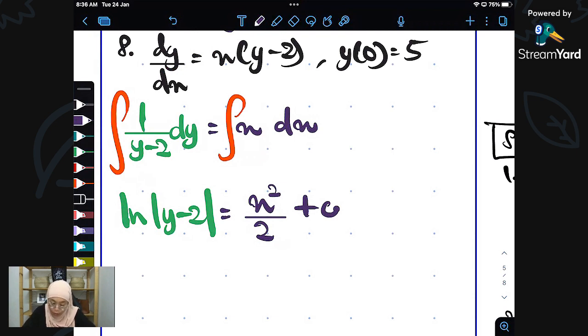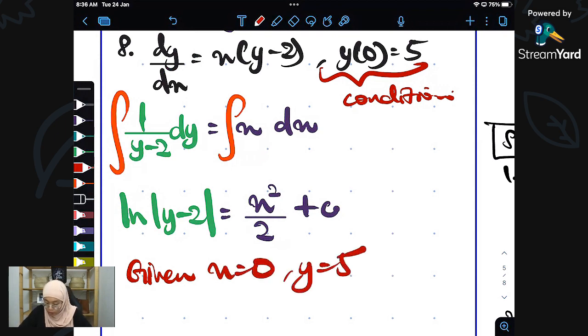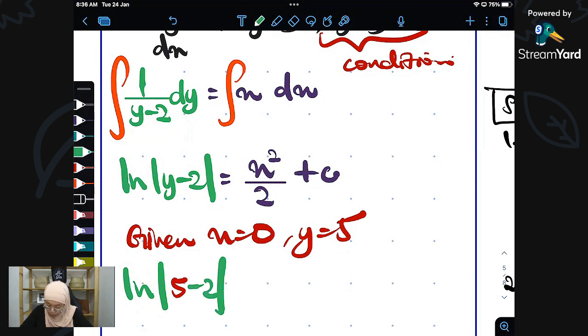I can now use my condition here again, because this is the particular solution video. Given to us is an x value, which is 0, and a y value, which is 5. So we insert it: y is 5, minus 2, and x is 0.